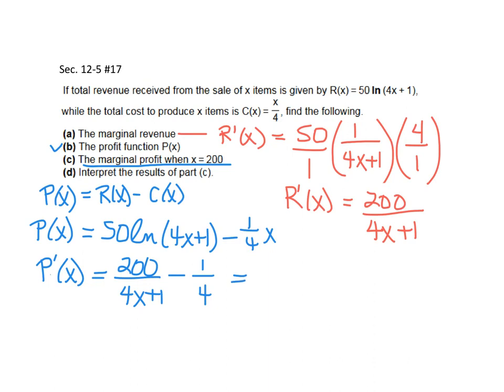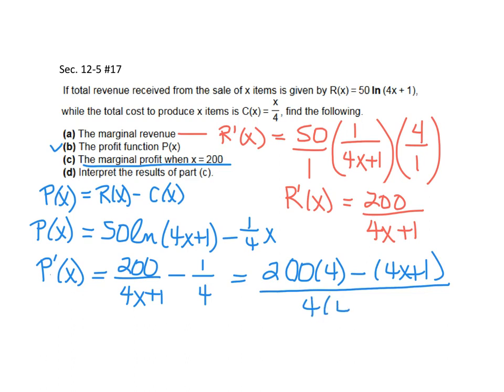And in order to make our math a little easier, we will get a common denominator by saying 200 times the 4 minus 1 times the 4x plus 1 all over the common denominator of 4 times 4x plus 1. Now we could simplify that further, but the only choice I'm going to make to simplify it further is to change this to 800.